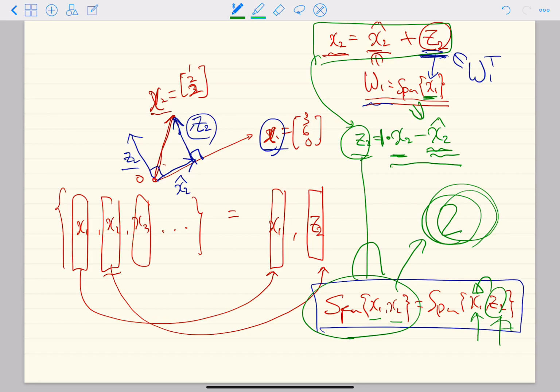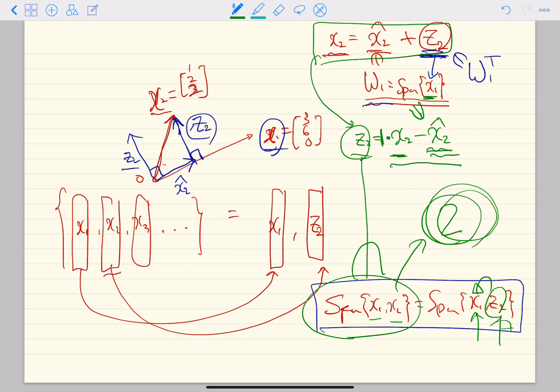And now, instead of using x1 and x2, we use x1 and z2 by changing x2 into z2, and this z2 still belongs to the span of x1 and x2, and is linearly independent, or even more strictly, orthogonal to x1, right? So we basically found two linearly independent vectors from our subspace, and thus they will span the subspace spanned by x1 and x2.